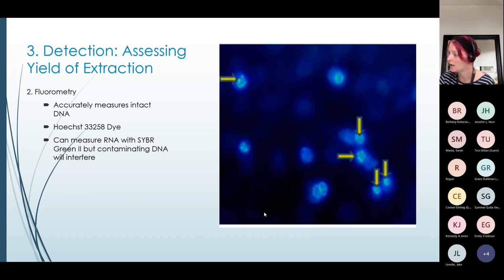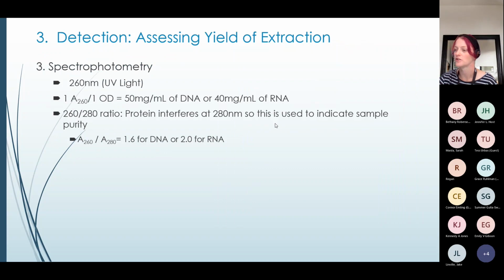So you can see that it will bind to your intact DNA, and then you measure the fluorescence intensity of it. You can use spectrophotometry. This we use as a pre-analytical step before we do our PCR for our genetic assays, just to quantify what we're putting in there. But you can also do this post-amplification as well.